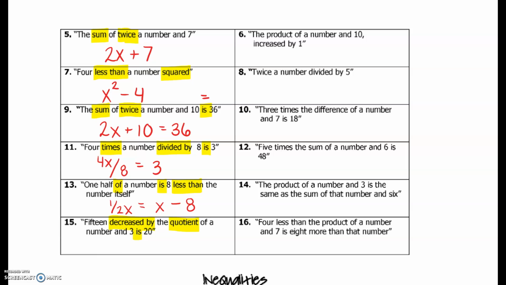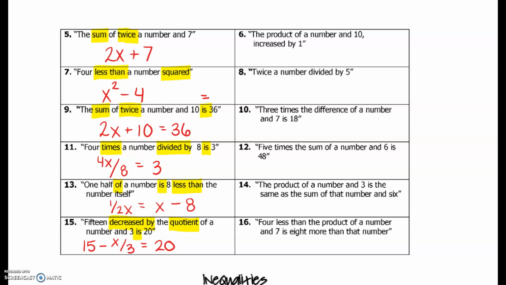So we're going to start with the number 15. That's what we see first. Decreased by indicates subtraction. The quotient of a number and 3 means we are going to be dividing x by 3. Is 20, so we'll fill in equals 20 here.